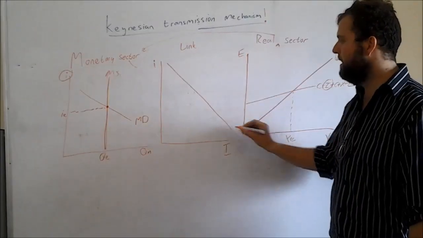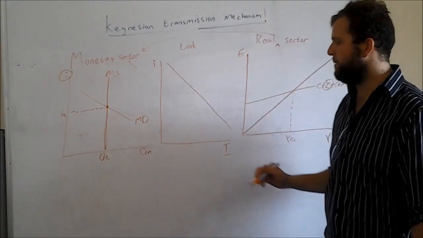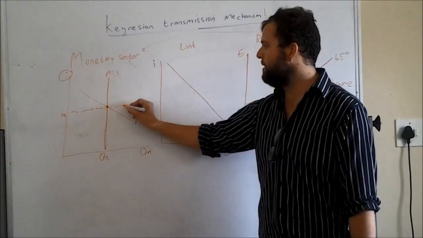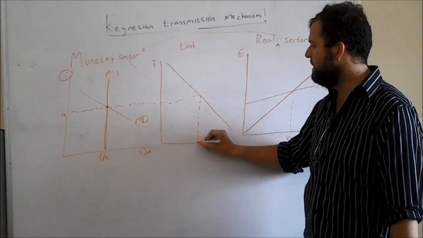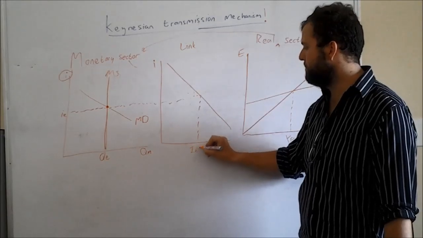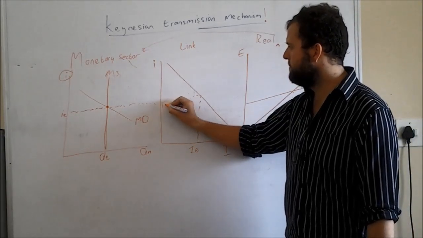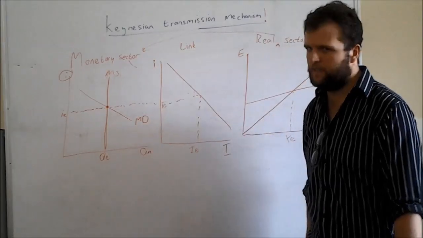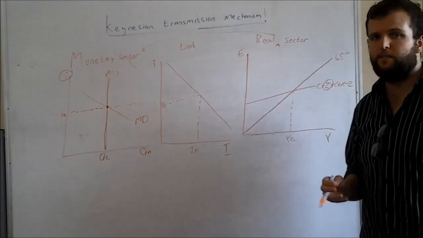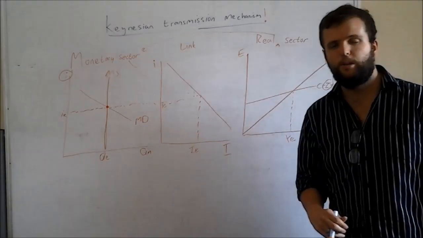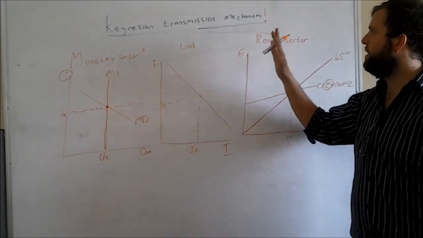Okay, and now that will show us our link, because you can see the equilibrium interest rate, you can take it over, will give you an equilibrium investment level. Okay, so very important. So here's the graph, or the basis, or the skeleton, whatever you want to call it, for your Keynesian transmission mechanism.